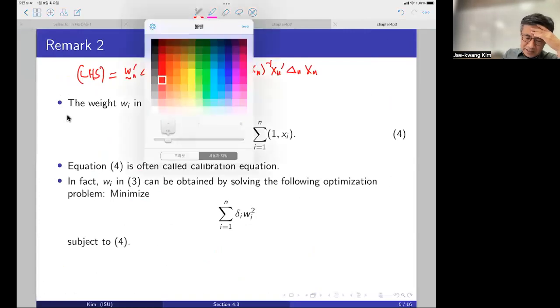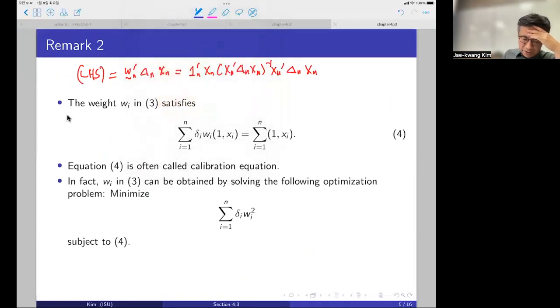What I did is just use the definition. So that is the left hand side.